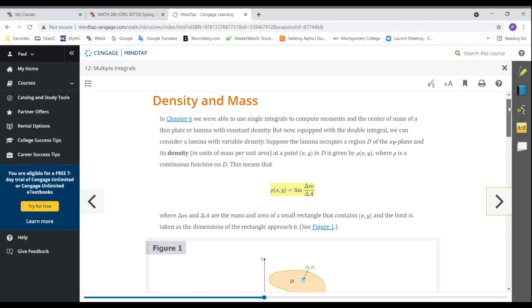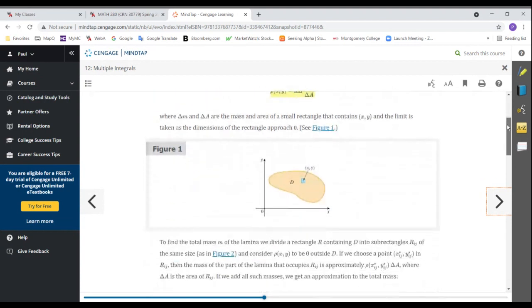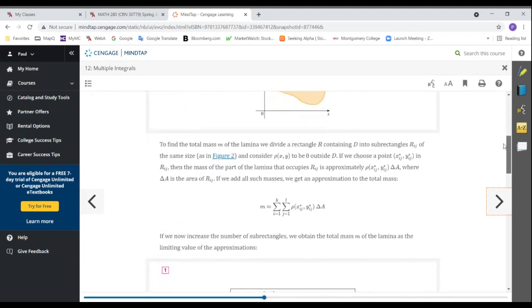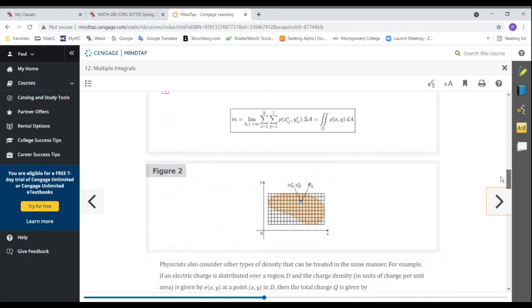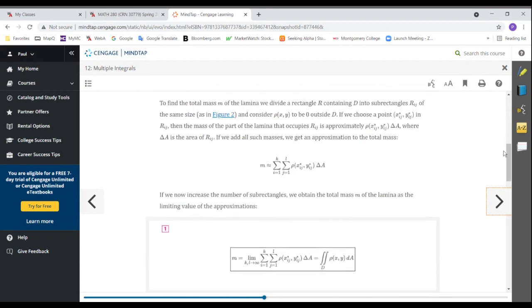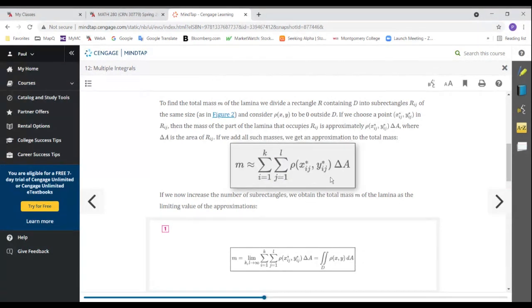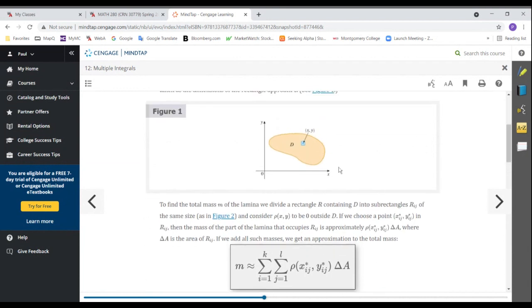And in the picture here, I want to really get to this one picture here. So if we wanted to find the total mass of a lamina, and the lamina is basically something like this in figure 1.